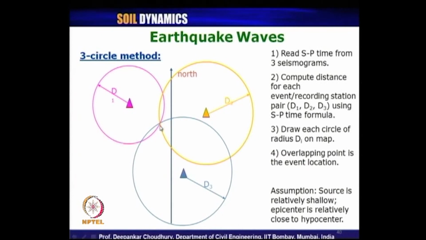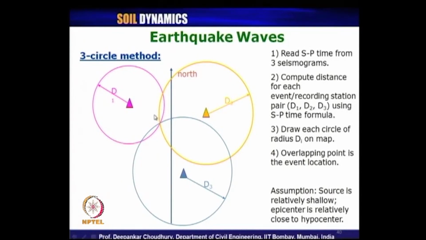Overlapping of the point gives us the event location. And many a time it will happen that we may not get an exact overlap at a particular point, but we will fairly get a good idea of the common zone, the interface zone of these three circles, a very small common zone. If it boils down to a point, then obviously we got the exact location.